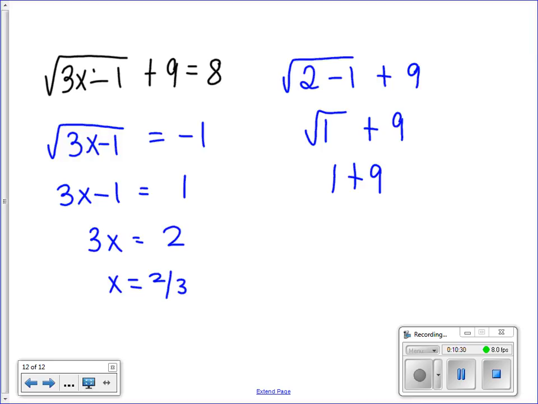How'd I get where? I'm checking it. 3 times 2/3 is 2. 2 minus 1 is 1. The square root of 1 is 1. And 1 plus 9 is not 8. Okay? This one has no solution.